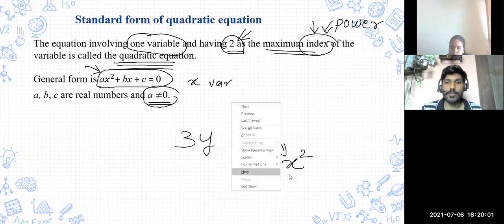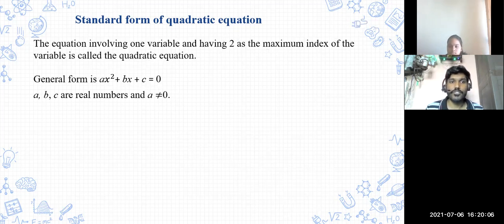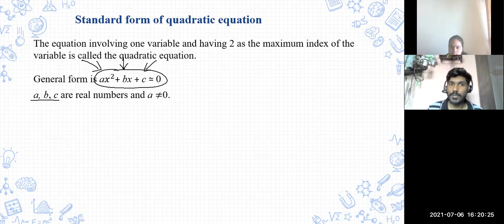Okay. Now I'll repeat the point which you have to keep in mind. The general form of quadratic equation is ax square plus bx plus c is equal to 0. A, b, and c are coefficients. So a is a coefficient of x square, b is a coefficient of x, and since c does not have any variable with it, the number which does not have a variable with it is called a constant.